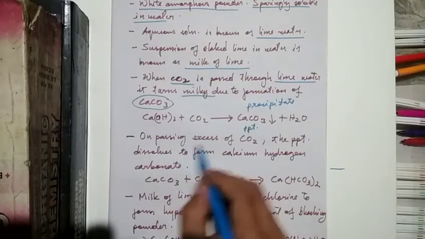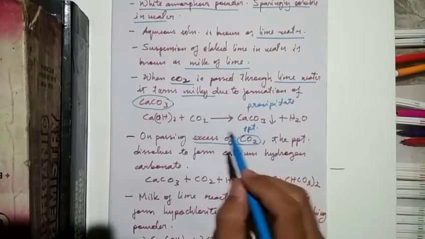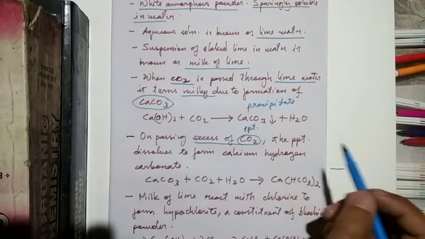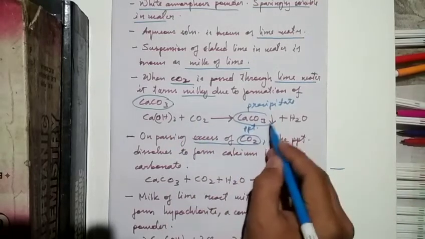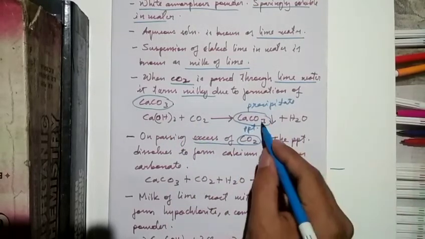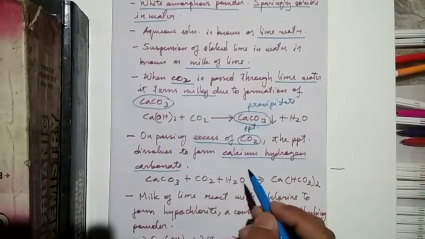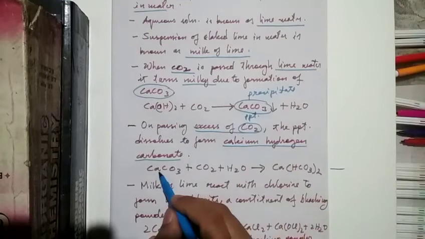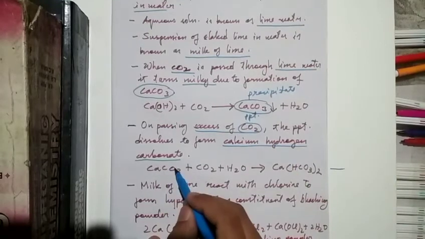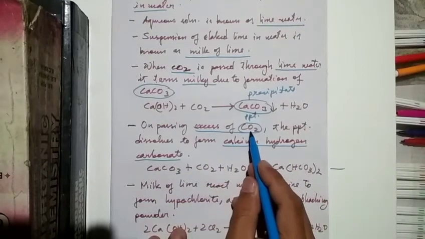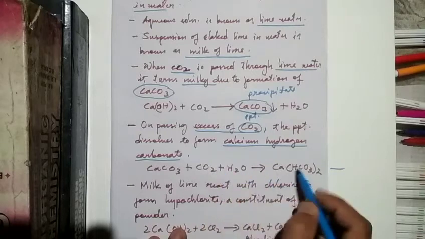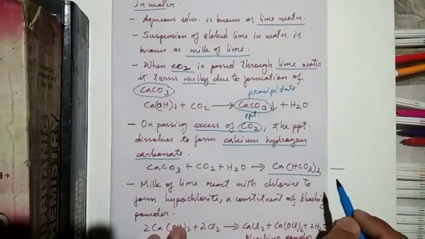Now when we pass excess CO2, this precipitate will dissolve to form calcium hydrogen carbonate.